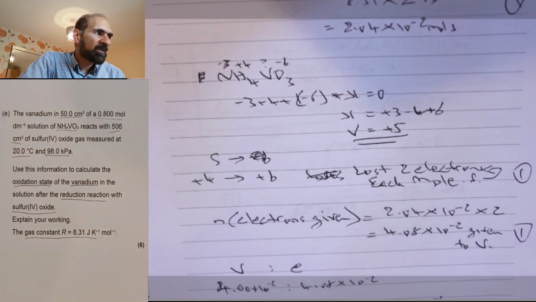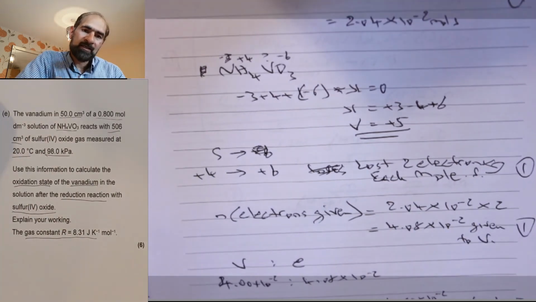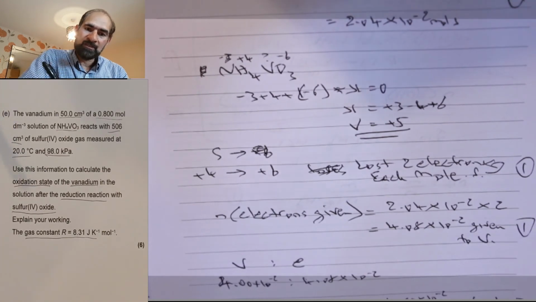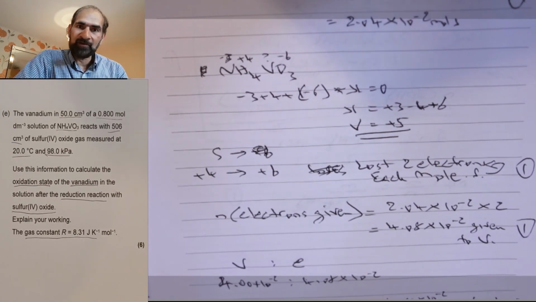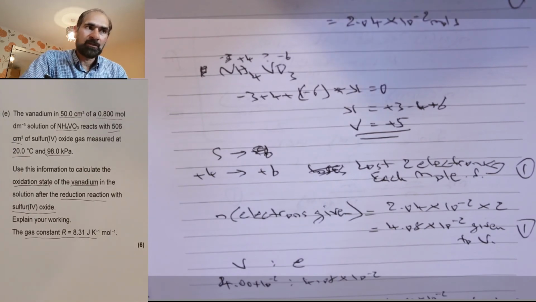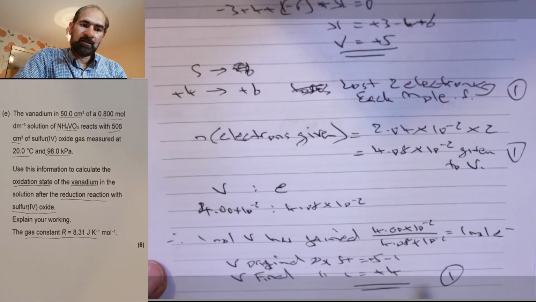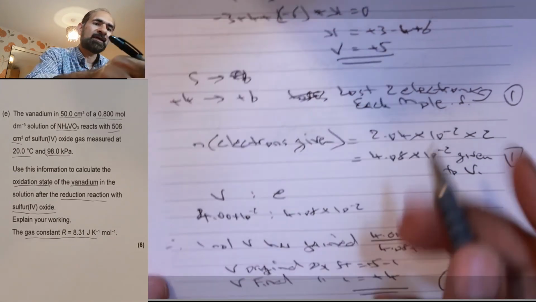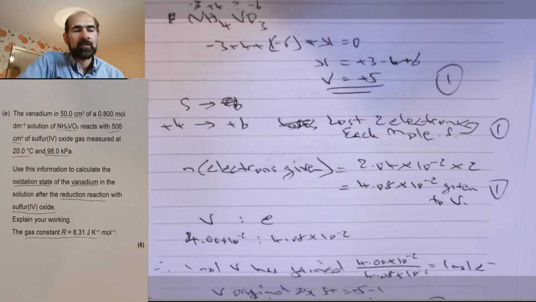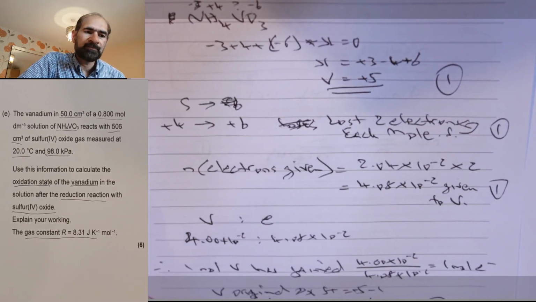Then the last 2 marks would have been, well, one definitely for showing the final oxidation state, plus 4, and then per mole. Whether you get the mark for plus 5, the original vanadium oxidation state, here or where you worked it out, you would have got a mark. So that's 6 marks. Okay, so another extended response question.